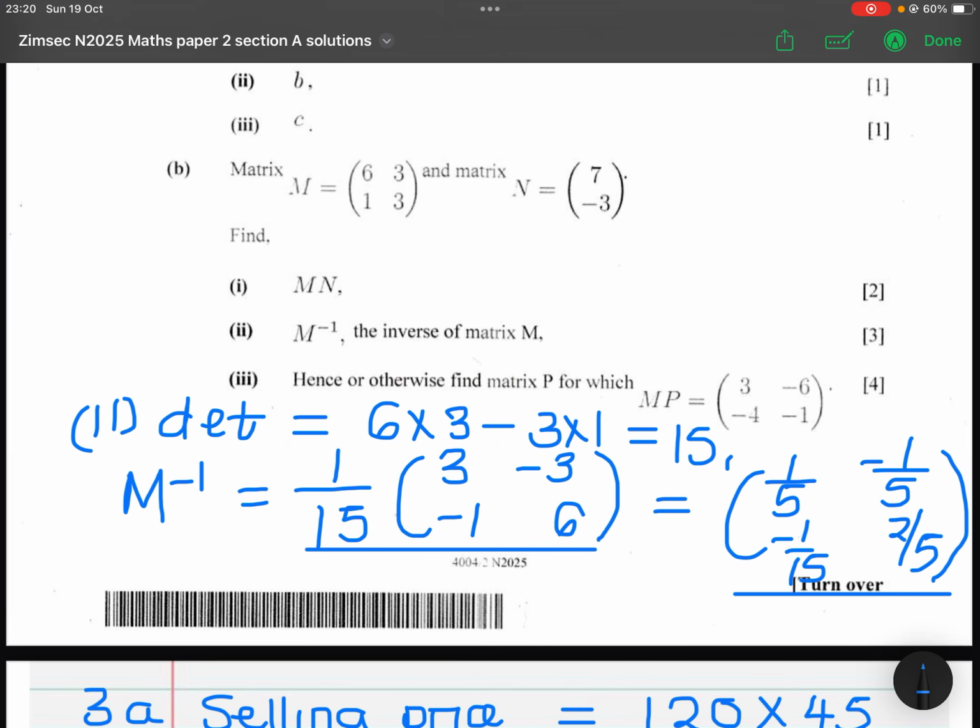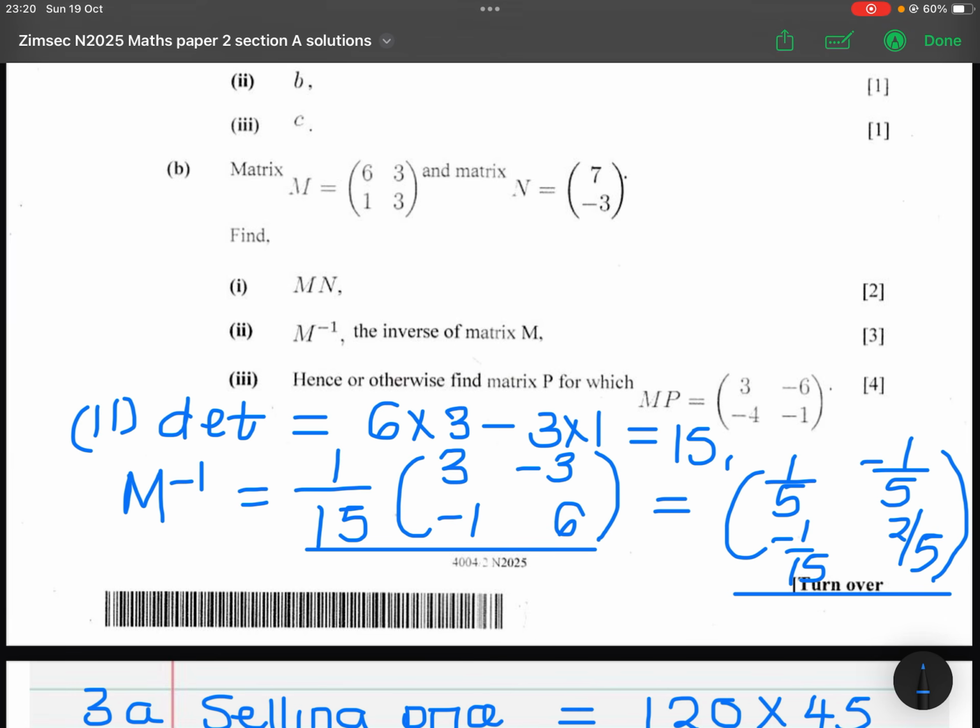And then finally, on part 3, hence or otherwise, find the matrix P for which M times P is equal to [3, -4, -6, -1]. Can you see this hence? It means that we are required to use the answer that we obtained in part 2. So in order to make matrix P the subject of formula, we are going to multiply the matrix [3, -4, -6, -1] by the inverse.